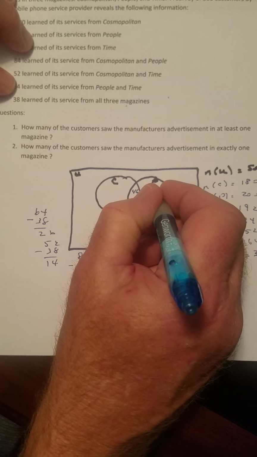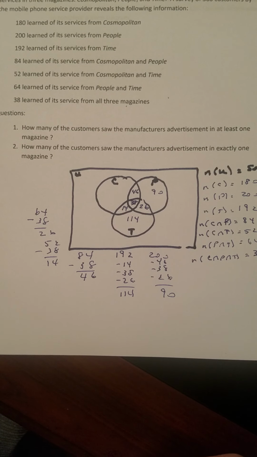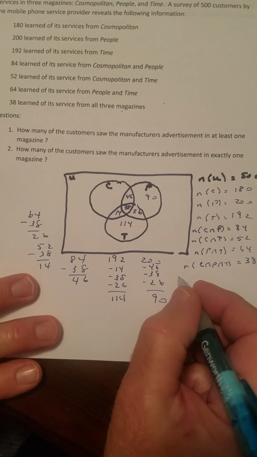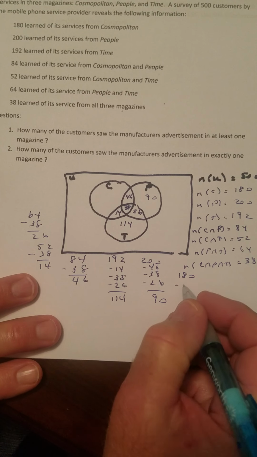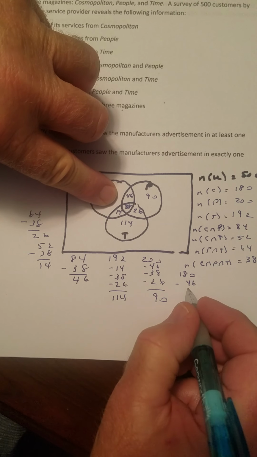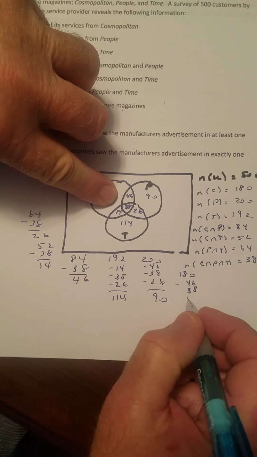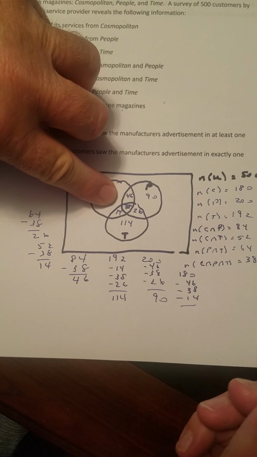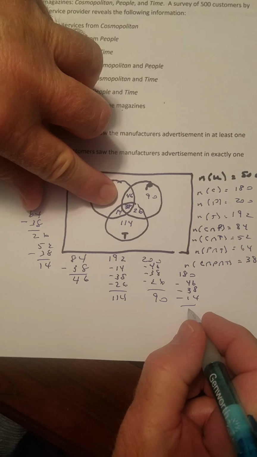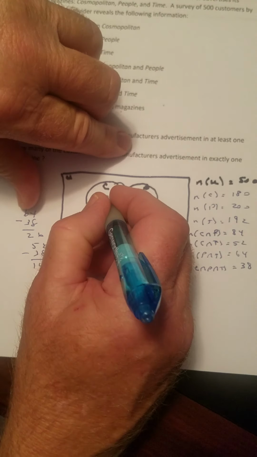That number goes right here. And then for Cosmopolitan, I'm going to start with 180. And I'm going to subtract these three numbers here: 46, 38, 14. Let's see. That's going to be 98. That's going to be 82. And that goes right here.